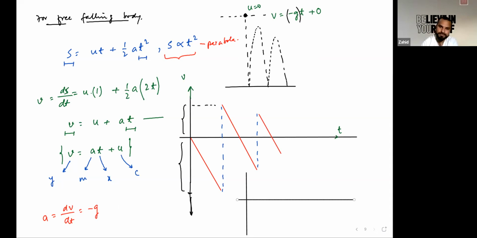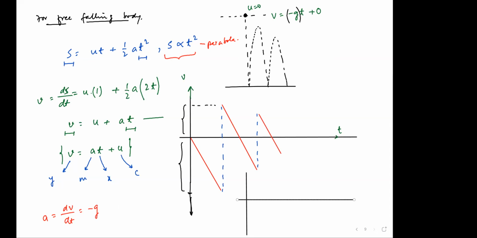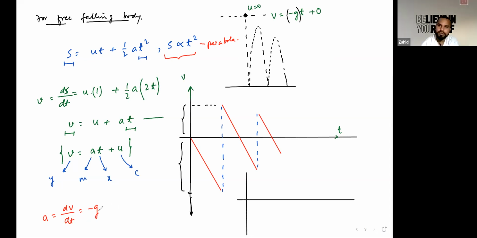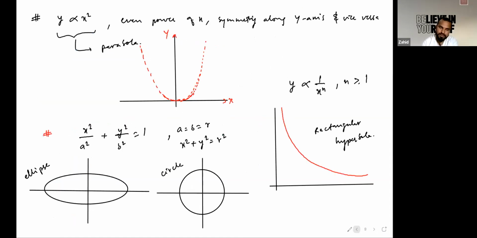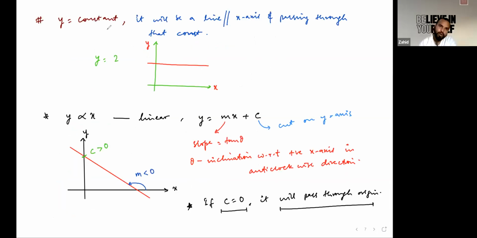Okay. Yes, sir. So you will say a is equal to a constant, minus g. I explained at this point that it is a constant. It will be a line parallel to the opposite axis and passing through that given constant term. Is it clear?